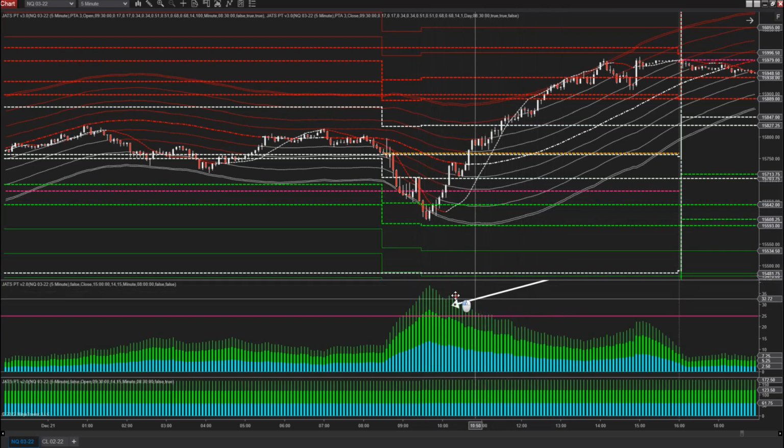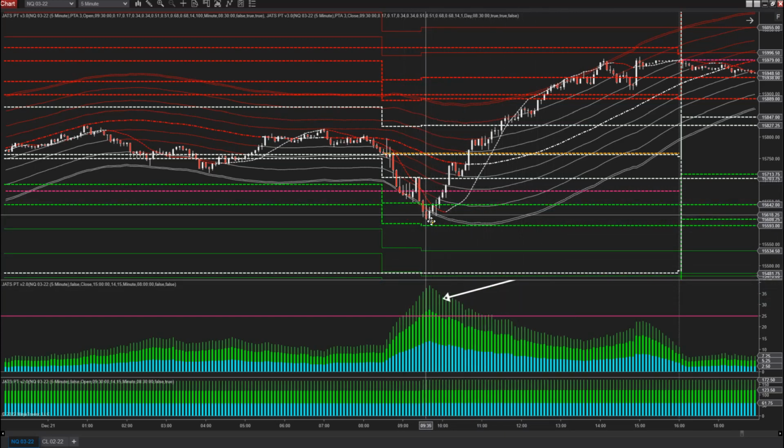It's very hard to short deceleration in your overbought, oversold area.